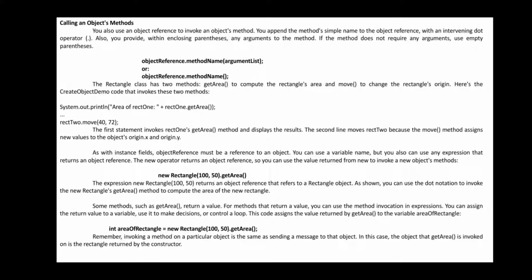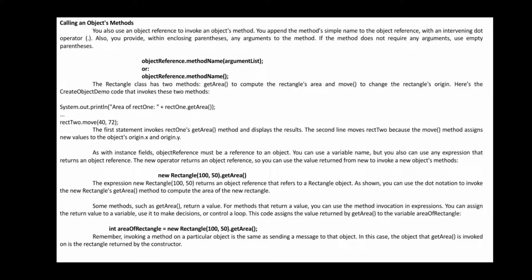Or object reference dot method name, where the object reference is the name of the object that calls a method of a class that is already defined, without any arguments.